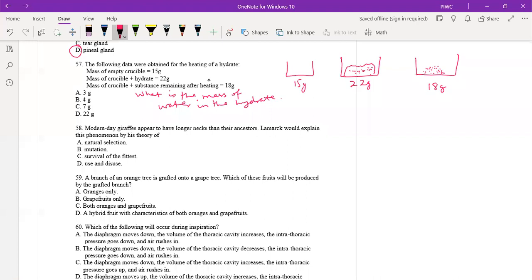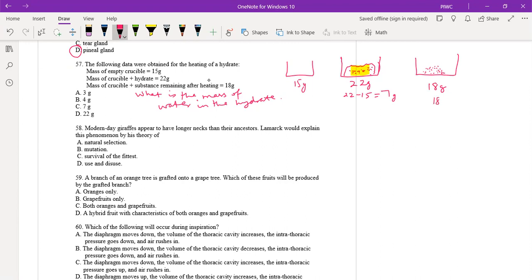So here, we need to find the weight of the hydrate. Okay, so it means you subtract 15 from 22. So 22 minus 15, and that will give us 7 grams. So it means this weighs 7 grams. Okay, if we take out the crucible, then after heating, what's the mass of the dehydrated substance? Take out the mass of the crucible.